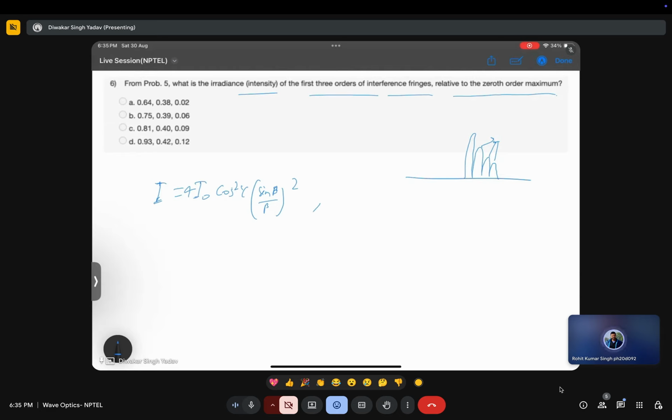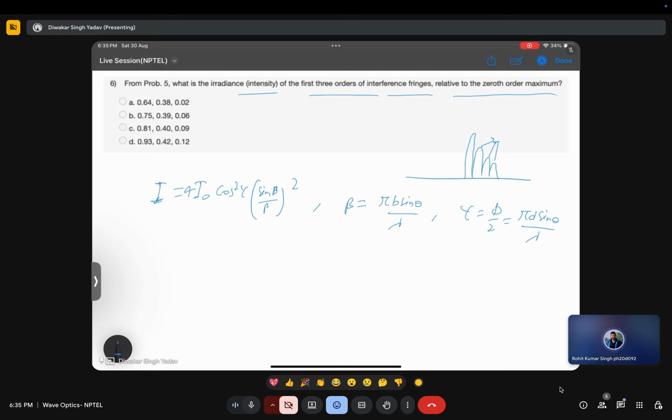Beta we know is pi b sine theta by lambda, and gamma is just phi by 2, which is pi d sine theta by lambda.